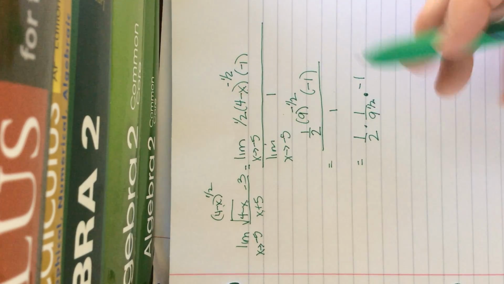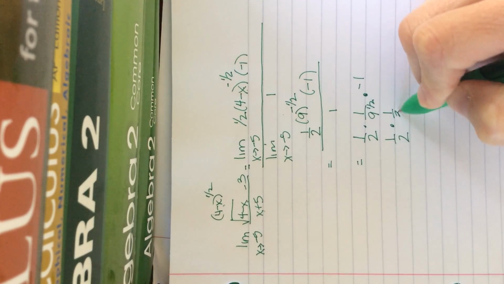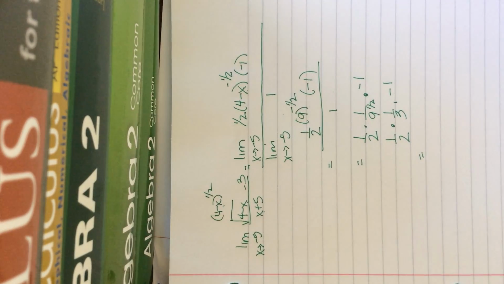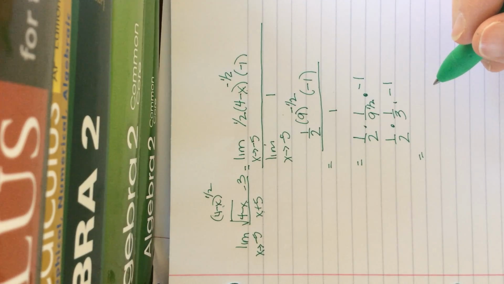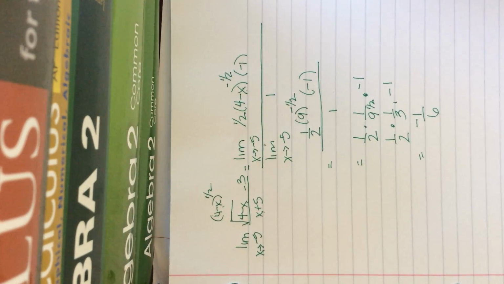What is 9 to the 1/2? That'd be 3. So I'm looking at 1/2 times 1/3 times negative 1, and that value is negative 1/6.